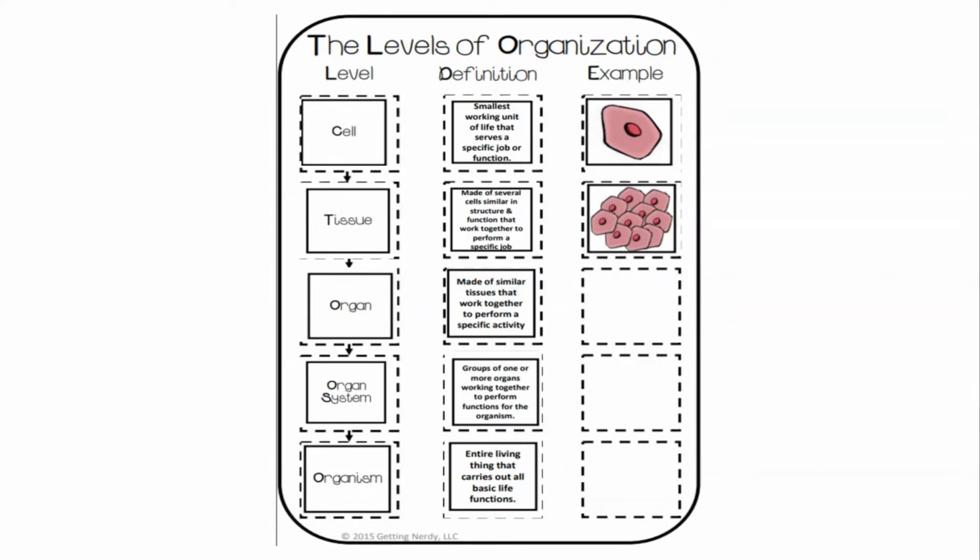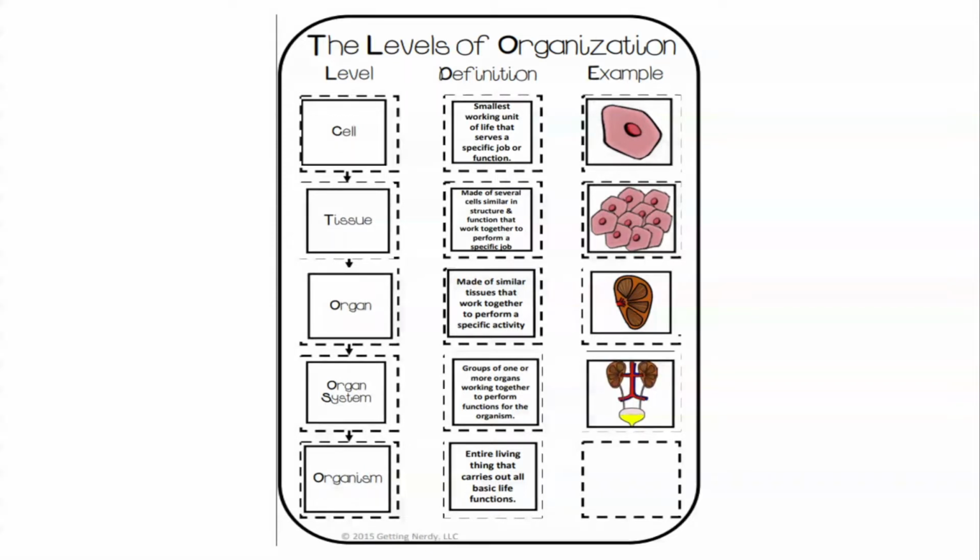And then if I have several tissues put together, that's going to make an organ. And then several organs put together is an organ system. So it's a group of organs that are working to perform a function. For example, the organ that I have here is the kidney. And then the system that it makes up is the urinary system, which is part of the excretory system, getting rid of waste.